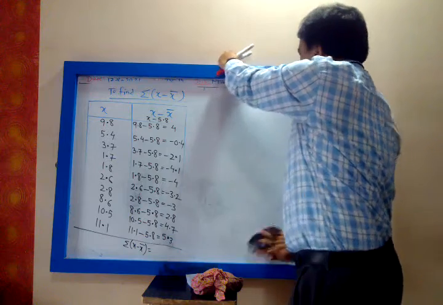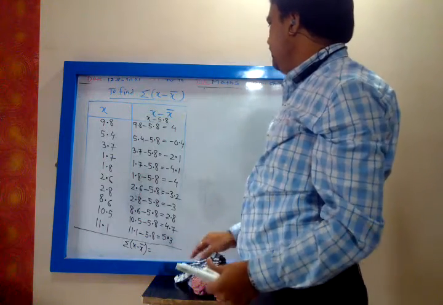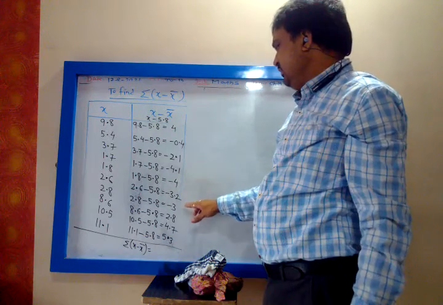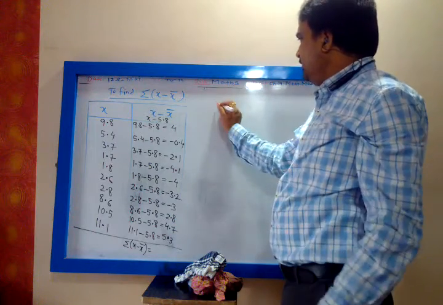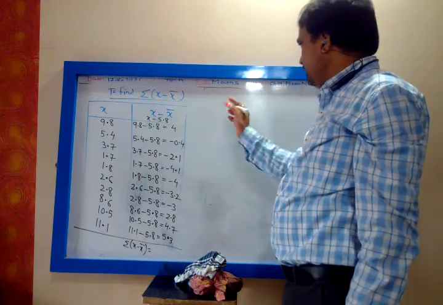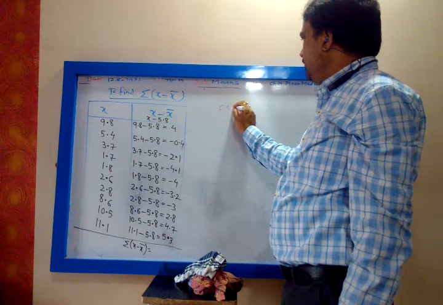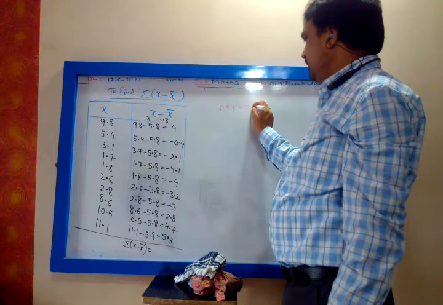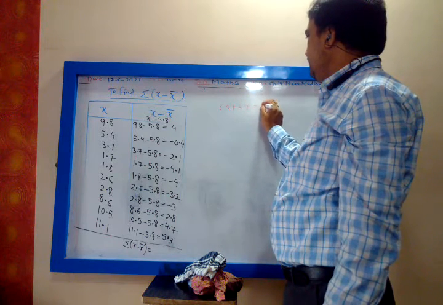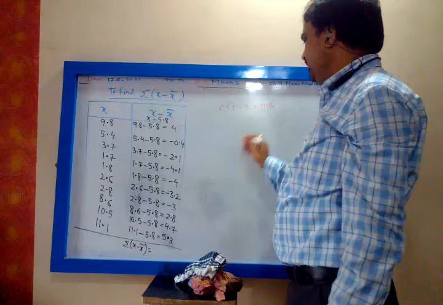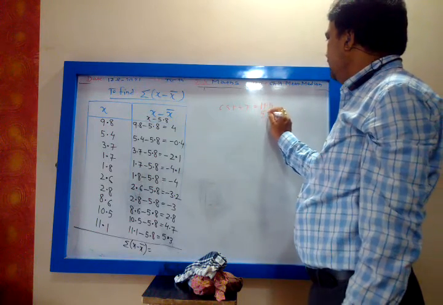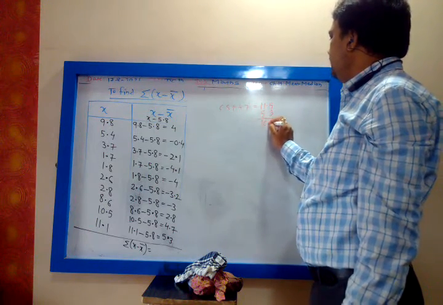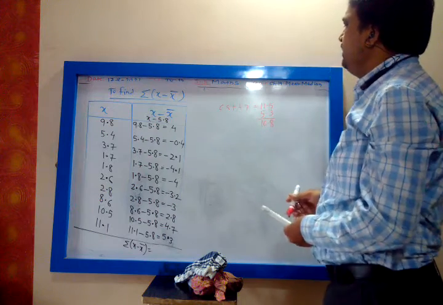That's all. So let us first add all the positive values. 4 plus 2.8 is 6.8. 6.8 plus 4.7 is 11.5. 11.5 plus 5.3 is 16.8. These are the positive values.